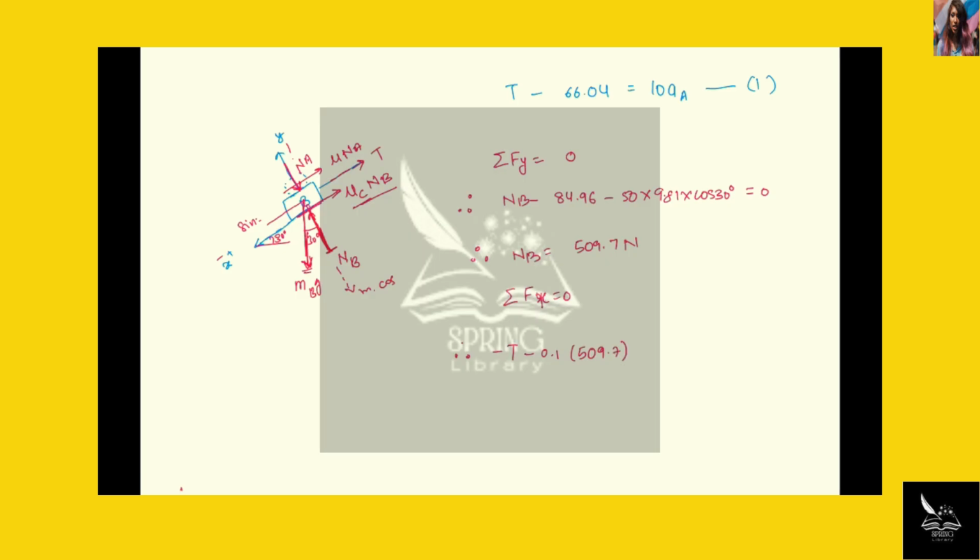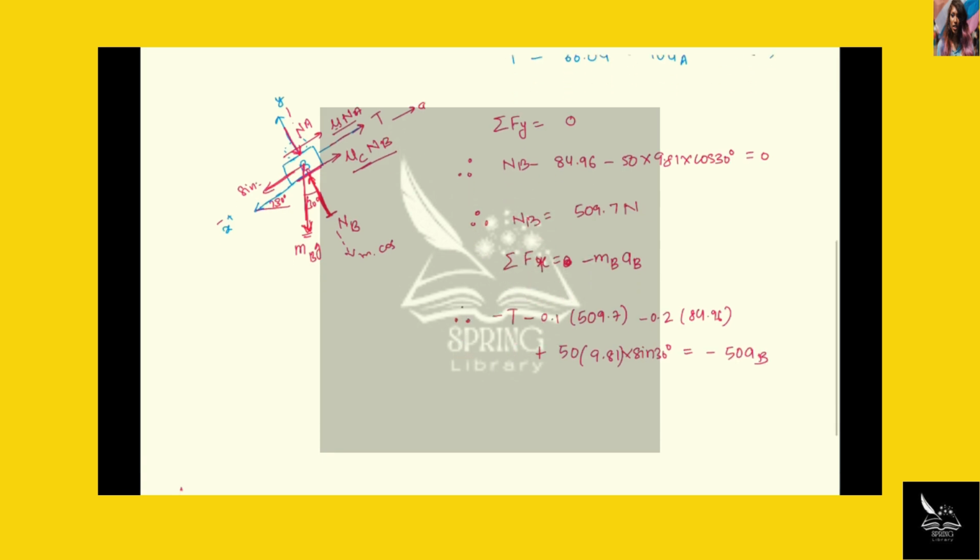Then we have mu NA, here mu is the friction between A and B, which is also acting in the negative direction, so minus 0.2 times 84.96, plus our gravity which is acting in the assumed positive direction, so that is 50 times 9.81 times sin 30 degrees, right? And this must be equal to, sorry, here we have the acceleration of body B. Now this acceleration is assumed to act in the positive direction, so this is minus 50 AB.